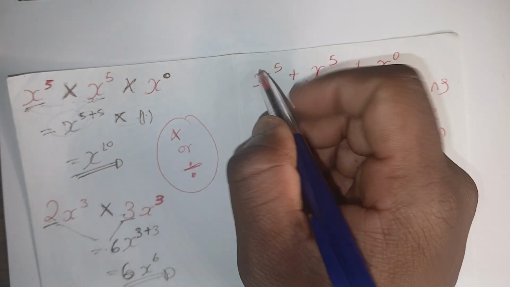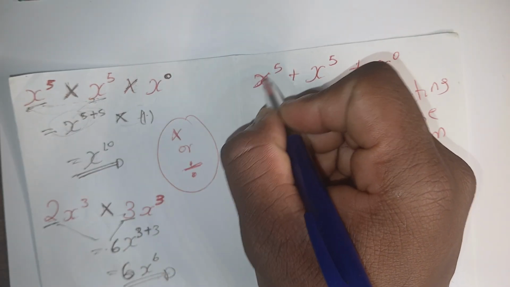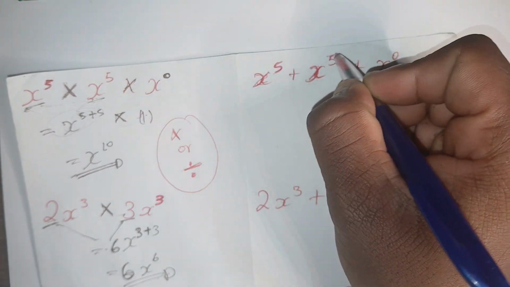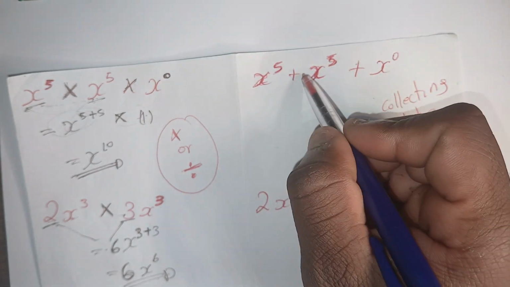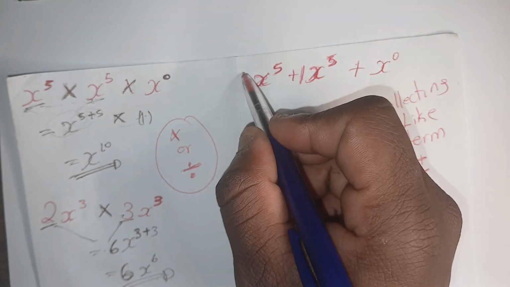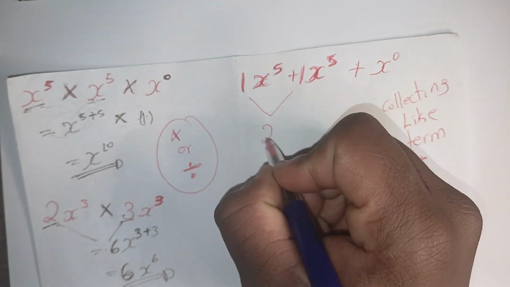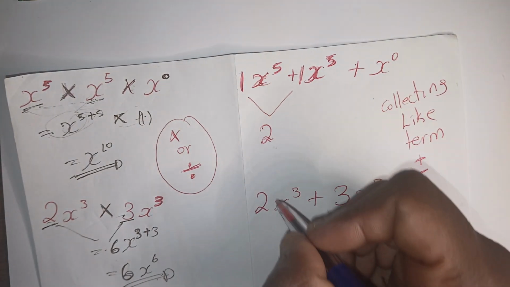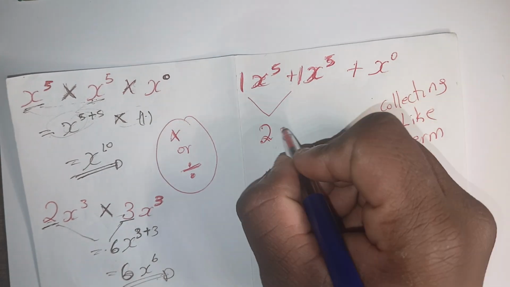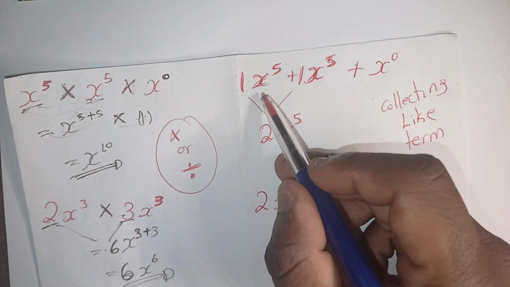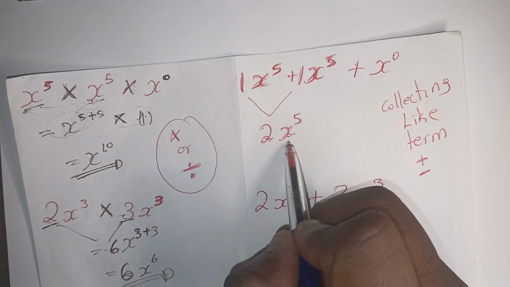And like terms says that when you see the same base and the same exponent, you only consider the numbers which are in front of the base. You consider those numbers, they give you 2. You just combine them, they will give you 2x^5. Then the same base and same exponent remain the same.